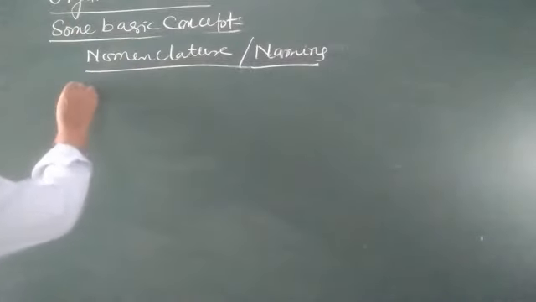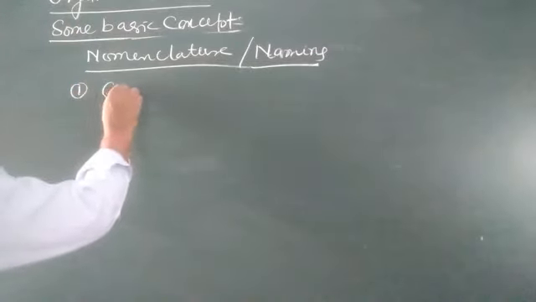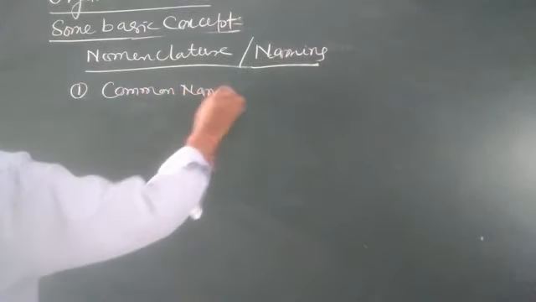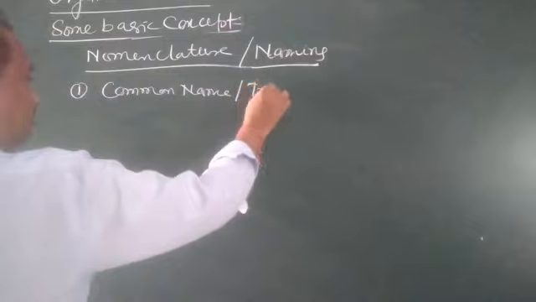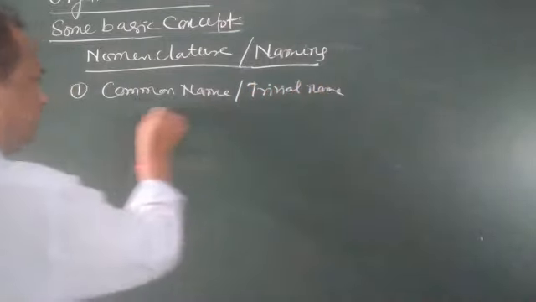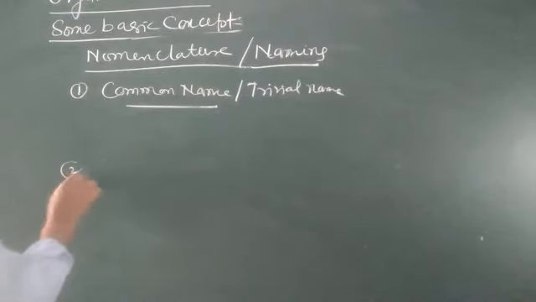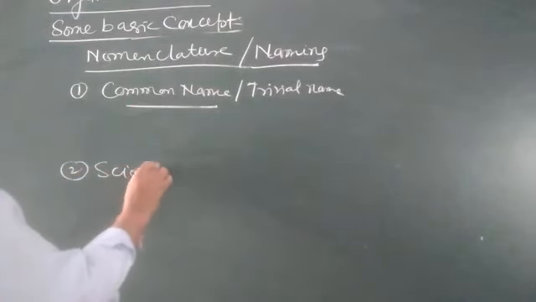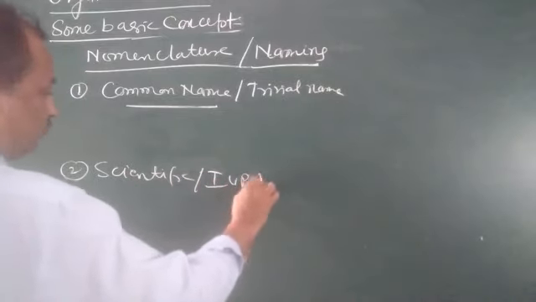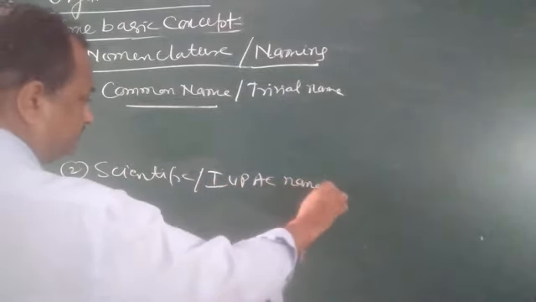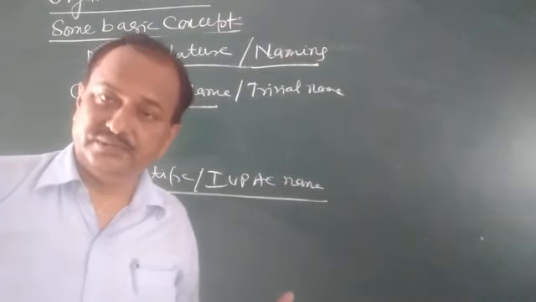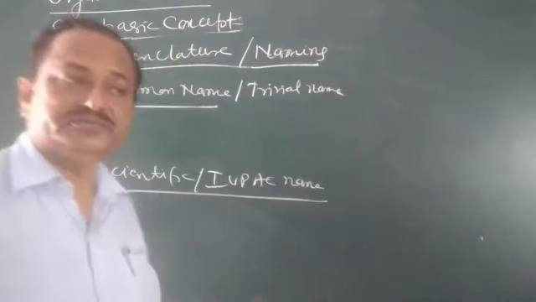So organic compounds have two names. First is common name, and it is also called as trivial name, means in common language. Second is scientific IUPAC name. And so common names are not based on any scientific rules, regulations, while the IUPAC names are based on scientific rules.